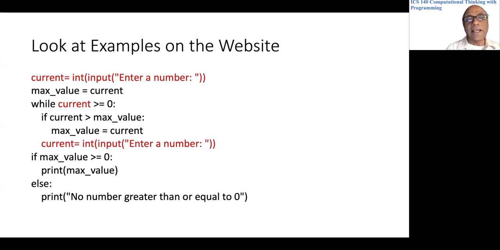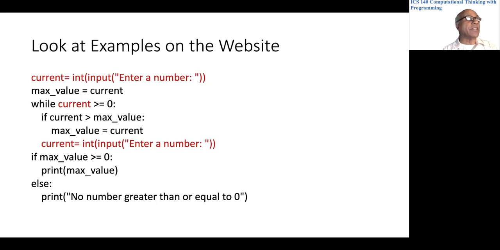There are more examples on the website, so I will encourage you to take a look at those. Here is an example that is on the website. You get a sequence of numbers from the keyboard, and you want to find out what is the maximum among those.